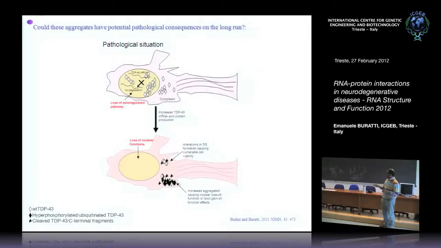What could be very harmful for the cell is that these aggregates are recruiting the endogenous TDP-43 and depleting the endogenous protein from the nucleus. If they deplete the endogenous protein from the nucleus, then you can well imagine that all the mechanisms that are controlled by TDP-43 in the nucleus will become disrupted, and I'll show you in a minute how.